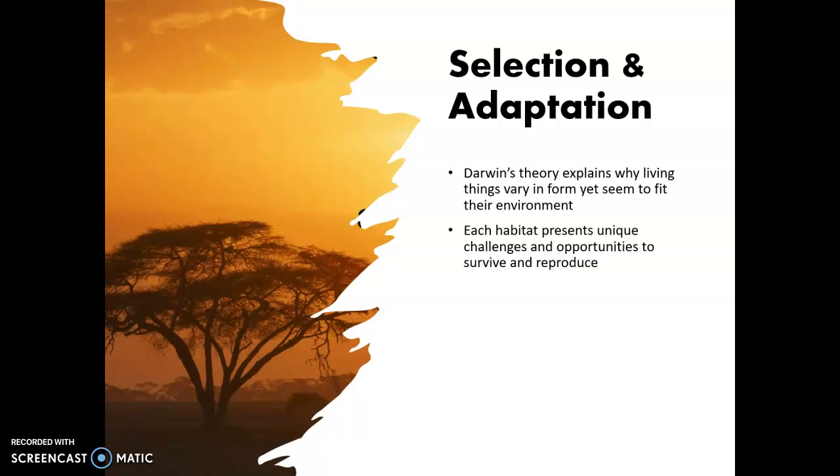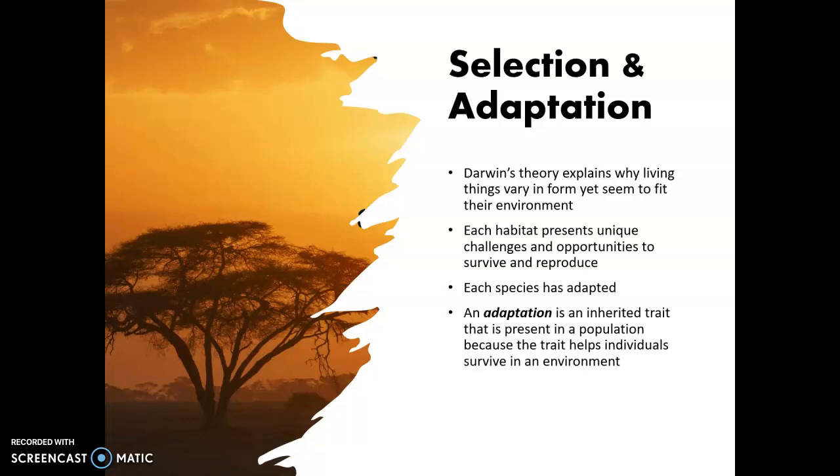Meaning that because of these unique challenges, there are opportunities for certain species or certain members of the species to survive and reproduce. Each species has adapted. Basically, an adaptation is an inherited trait that is present in the population, and it's present because that trait helps individuals survive in that particular environment.